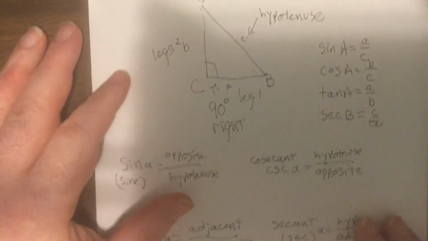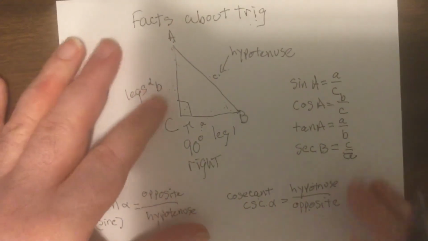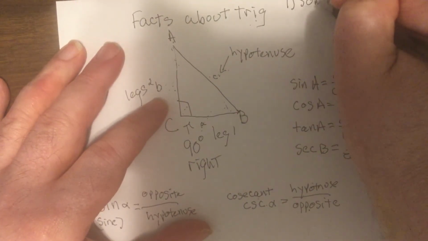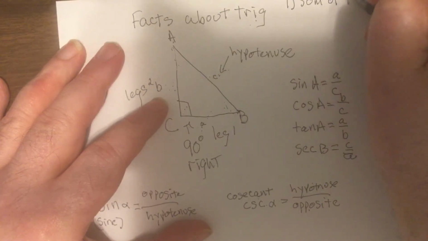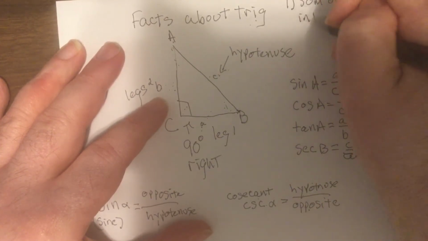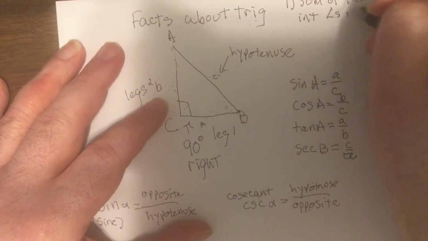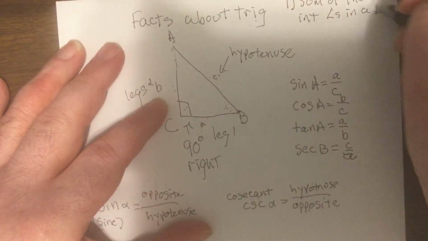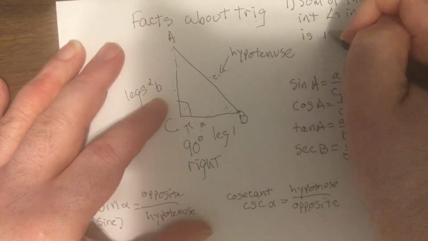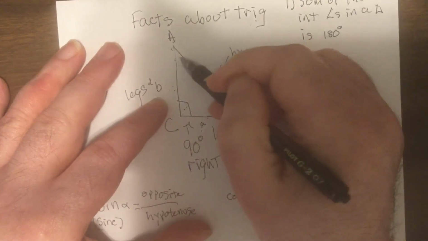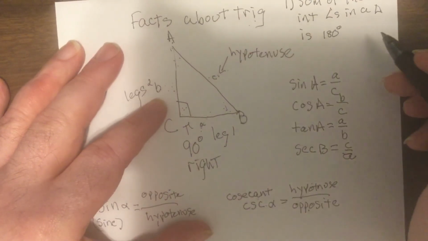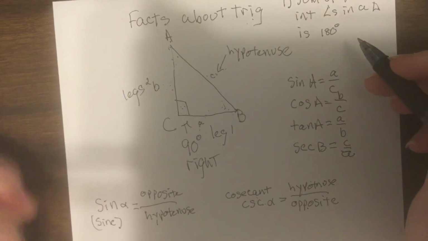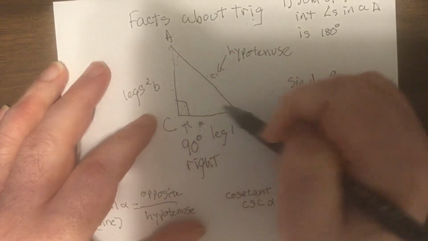Now, when you're doing trig, there's 3 things you have to know. 1, the sum of the interior angles in a triangle, interior means inside, is 180 degrees. So this plus this plus this has to be 180. Doesn't really matter what triangle you have, any triangle, it's 180.